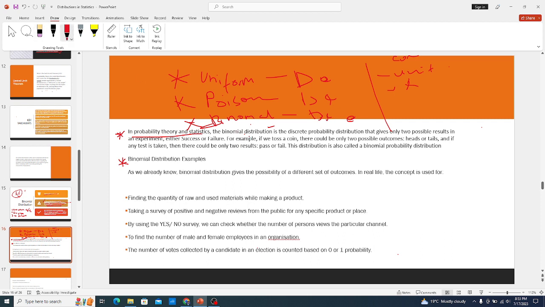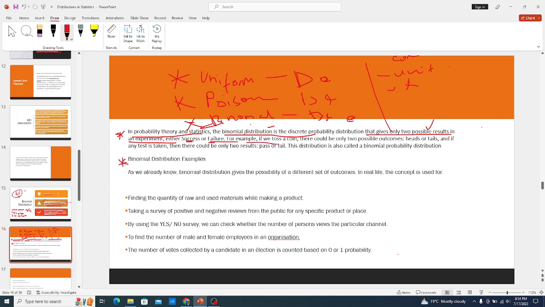So we were saying that binomial distribution is a discrete probability distribution. Why? It gives only two possible results in an experiment, either a success or a failure. Okay, it's either we get a success or we get a failure.